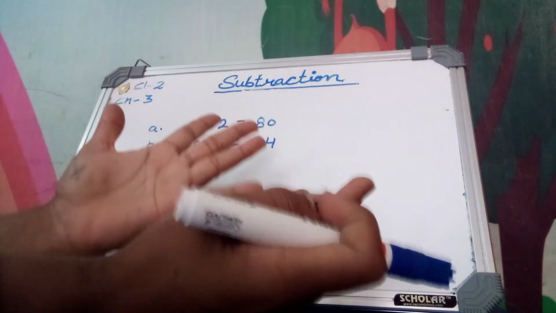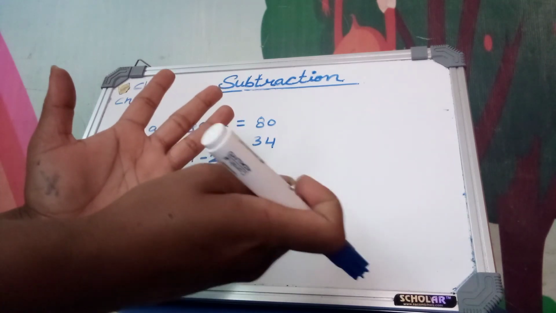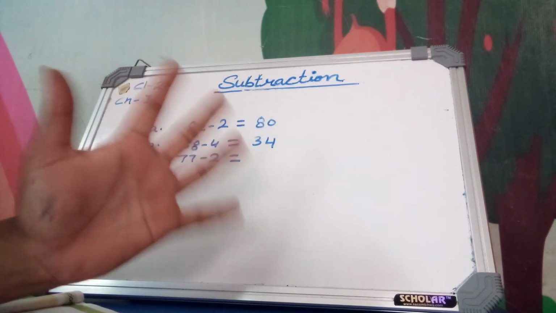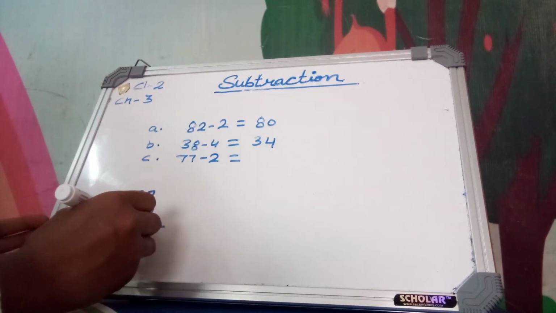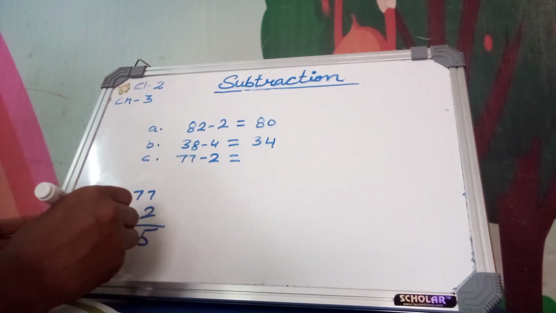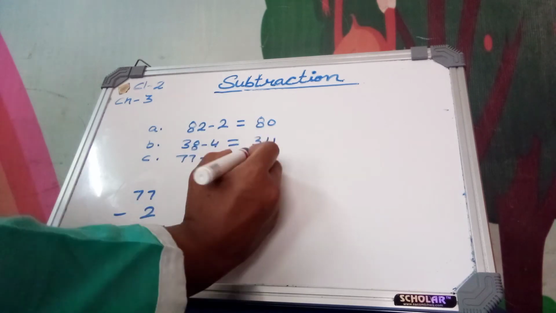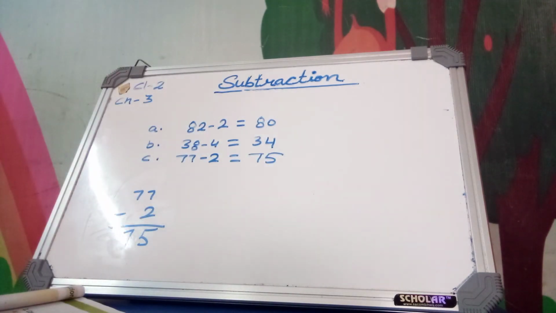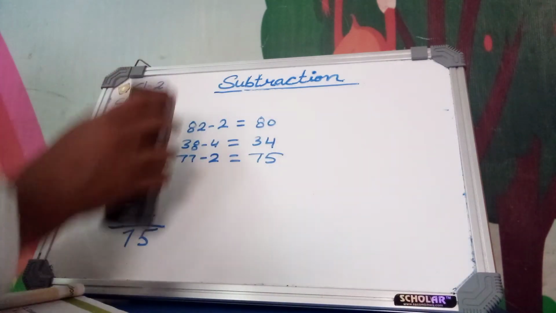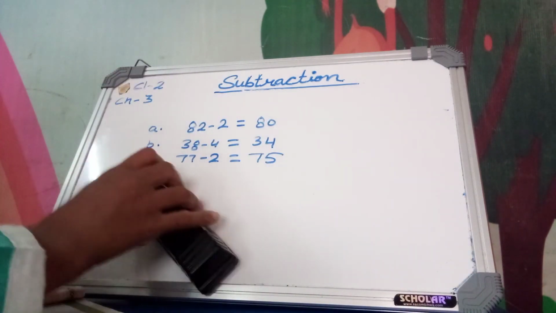Take out 5 fingers and then minus 2. How many numbers are left? Yes, 5. Okay. 5 and 7, 75. This is your answer. 77 minus 2 equal to 75.